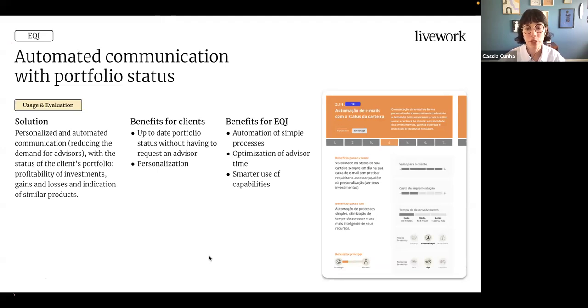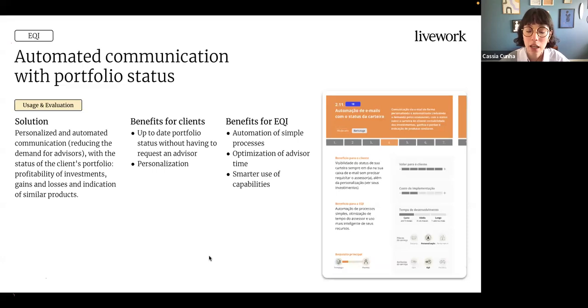For the clients, the benefits we saw was that we're going to have, okay, I understand what's going on with my portfolio. I don't have to ask for it, right? And I understand in a way that is personalized to my needs. So you can provide me in similar project investments that are catered to my needs.